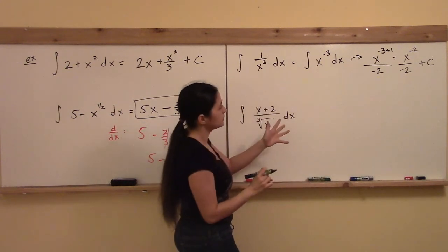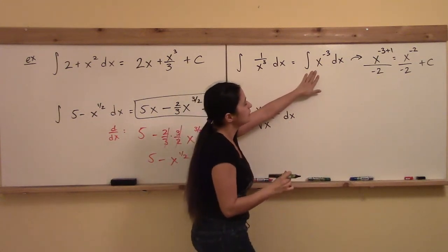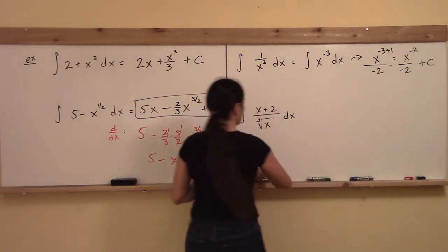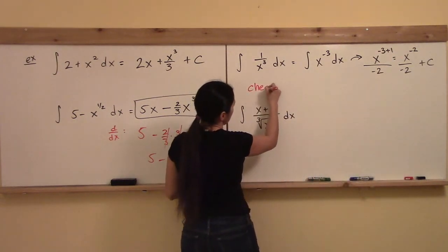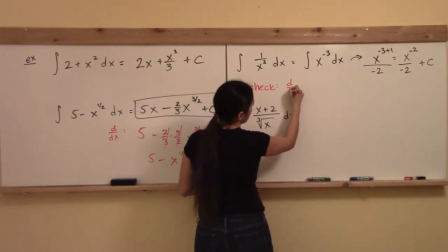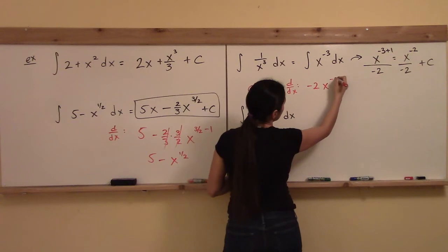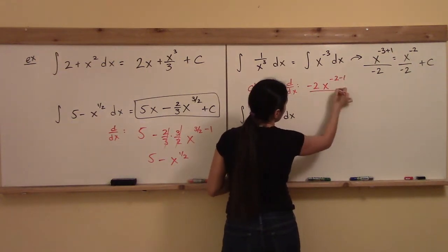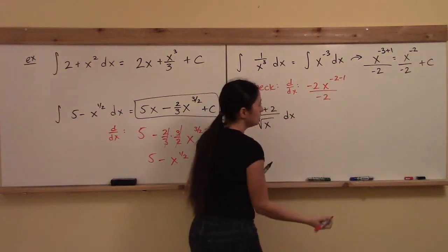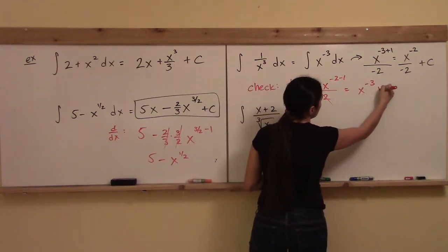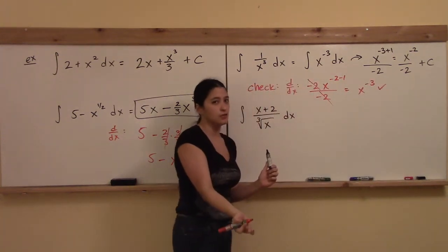So that ends up being the answer. x to the minus 3 integrates into x to the minus 2 divided by minus 2. And if I don't believe myself, then I can always check by taking the d dx, and that's going to be minus 2 times x to the minus 2 minus 1, all over minus 2. Cancels, cancels, and so I get x to the minus 3, and that's what I was asked to integrate.